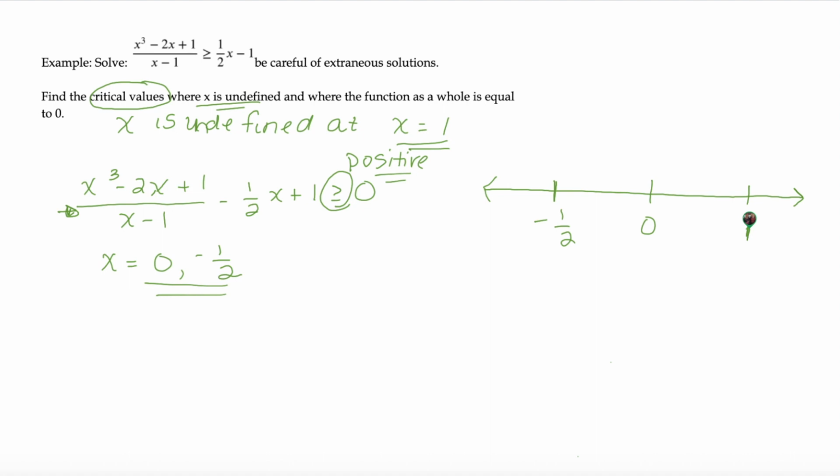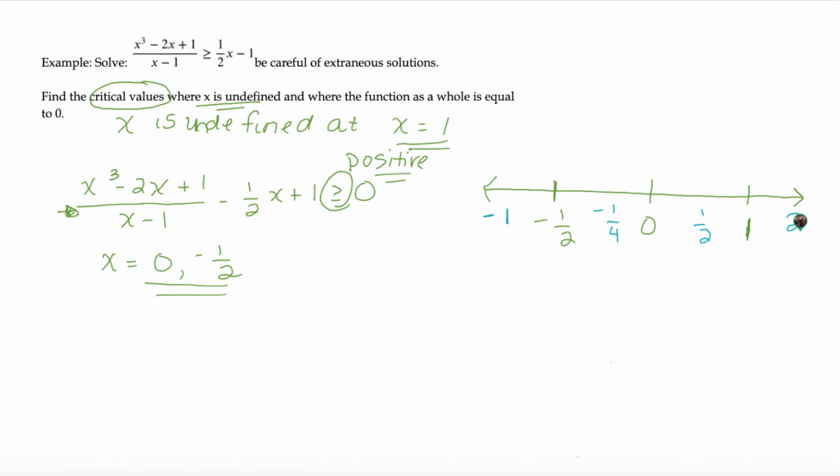I'm then going to choose values in between those pieces because we actually have 4 intervals. What happens between -infinity to -0.5, between -0.5 and 0, between 0 and 1, and between 1 and infinity? Where are they positive and negative in these locations? So my test values I'm going to use are -1, -1/4, half, and then let's say 2.